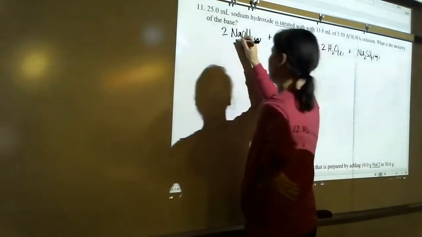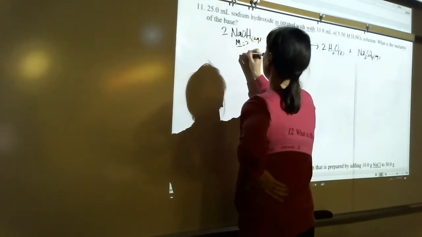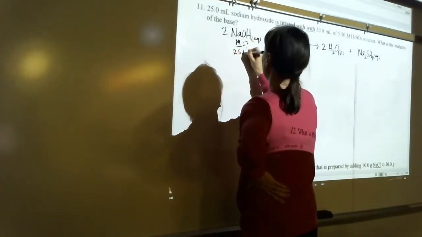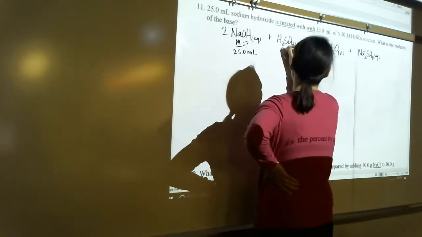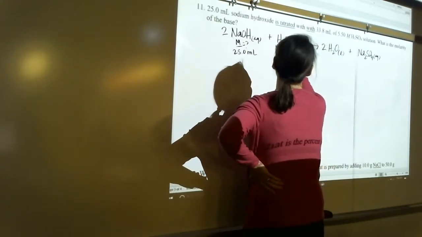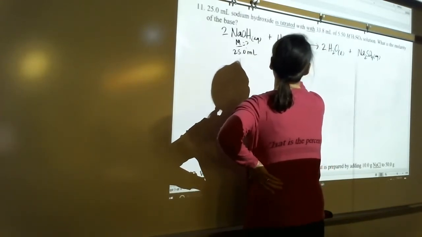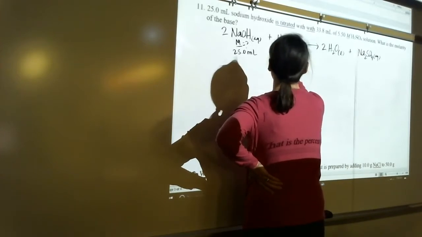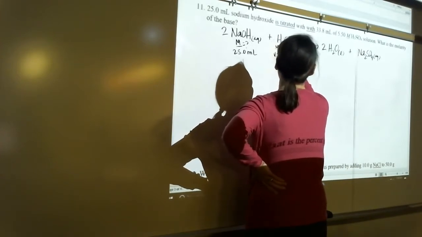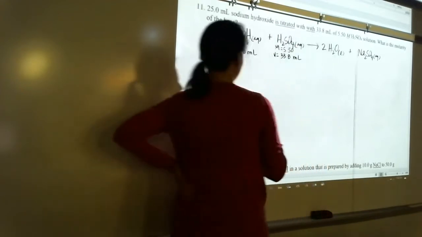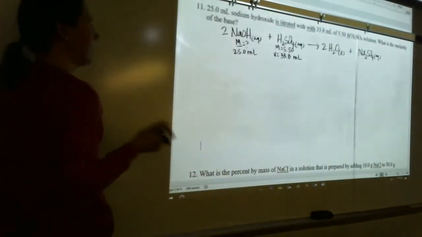We're still wanting to know the molarity here, and it's 25 mL, and the molarity here is 5.50, and its volume is 3.8 mL. Okay, so let's go through this one.